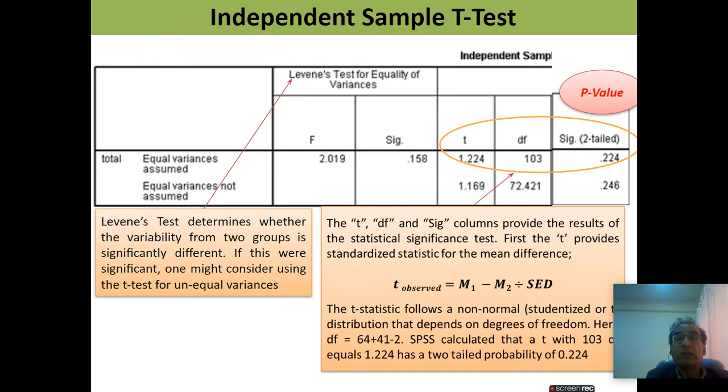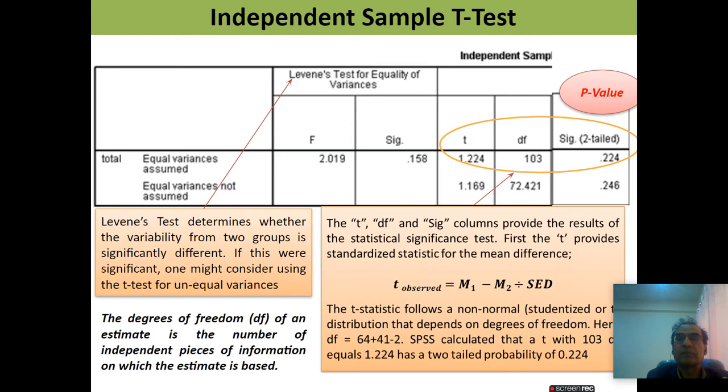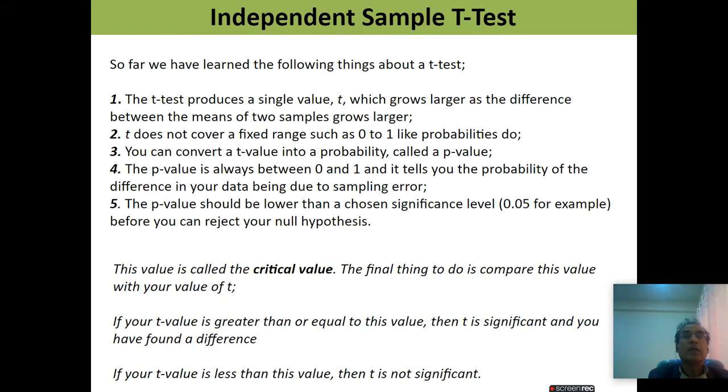So here you can see the p-value, and the p-value tells us about the significant difference. So we have to summarize the independent sample t-test. We learn the following things about the t-test. First, the t-test produces a single value t which grows larger as the difference between the means of two samples grows larger. Number two, t does not cover a fixed range such as 0 to 1 like a probability does.